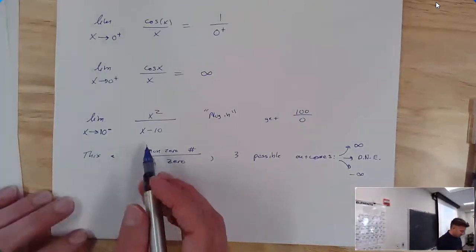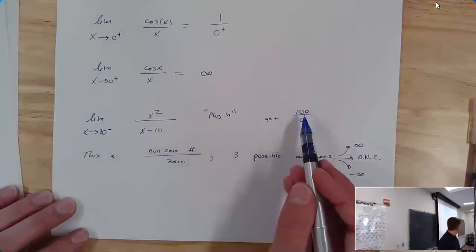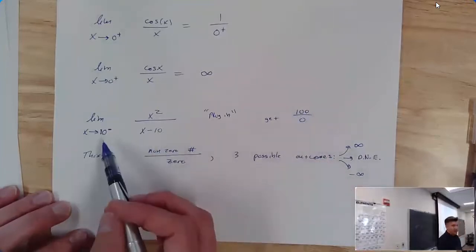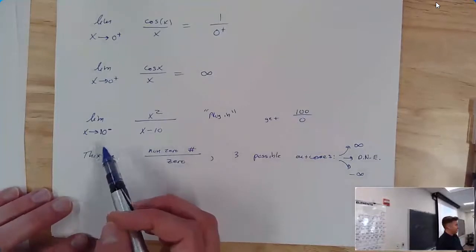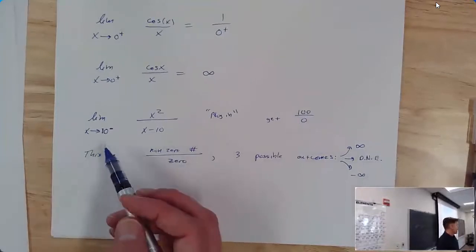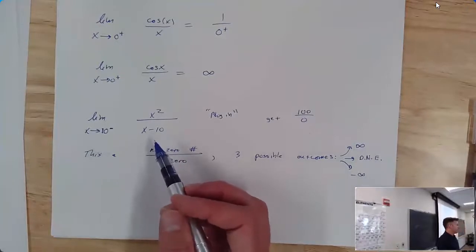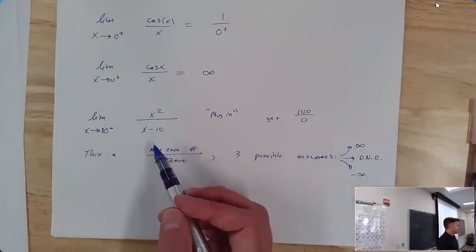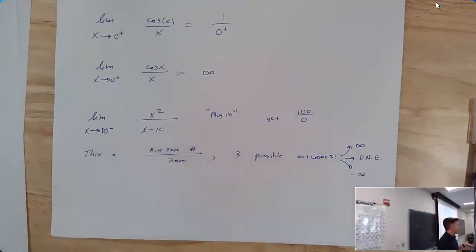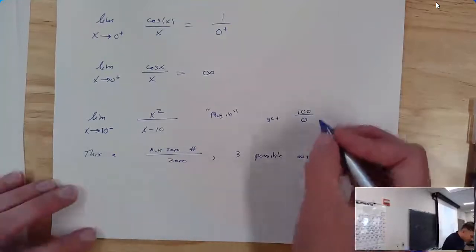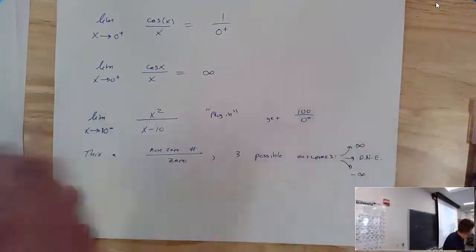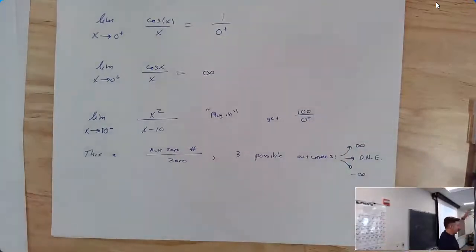So in this case, the numerator is positive. And if I'm approaching 10 from the left side of 10, meaning the slightly less than 10 side, is x minus 10 going to be slightly positive or slightly negative? Slightly negative, right? It's like 9.999 minus 10, which is negative 0.0001. That's a very slightly negative number, which I like to write with a 0 with a negative superscript.